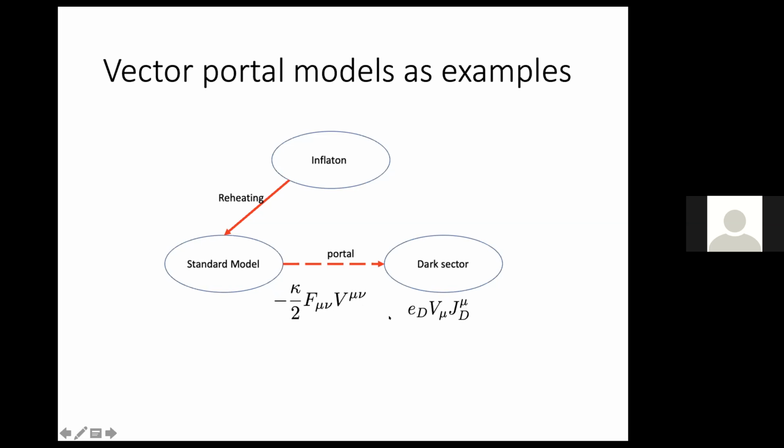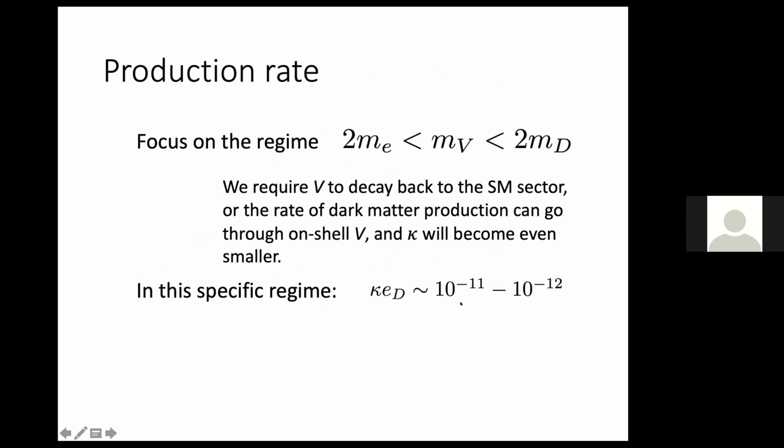We assume the only interaction between the dark sector and the standard model sector is through this dark portal. And in the dark sector, we introduce a dark current, and we write down the interaction between this newly introduced dark photon and this dark current, okay? To have a signal, this work is data driven, right?